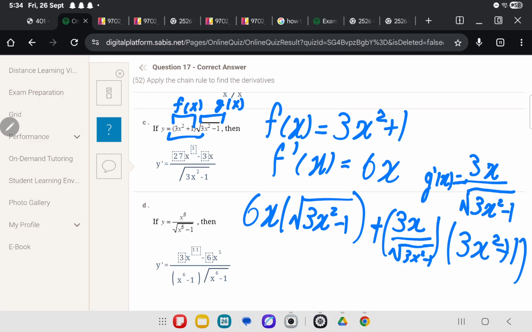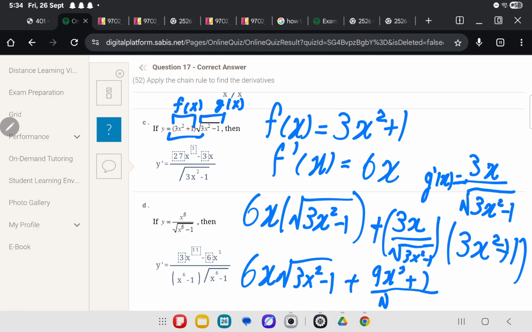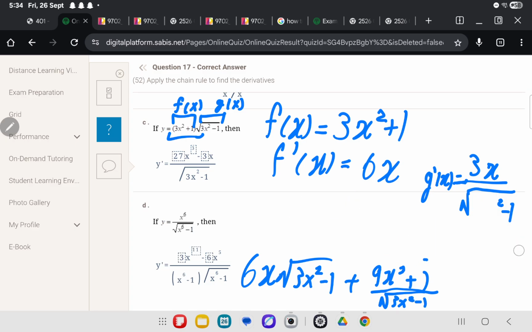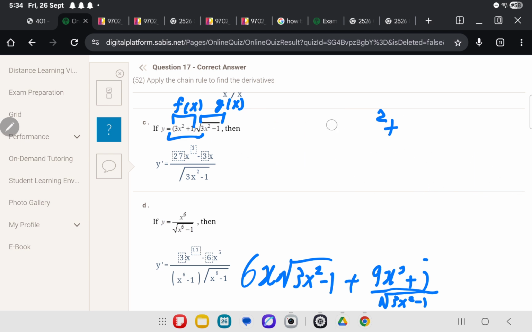So now 6x radical 3x squared minus 1 plus 3x into 3x squared, 9x cubed plus 1, over radical 3x squared minus 1. Okay, we're almost there, we're almost done. It just needs a little bit of simplification.